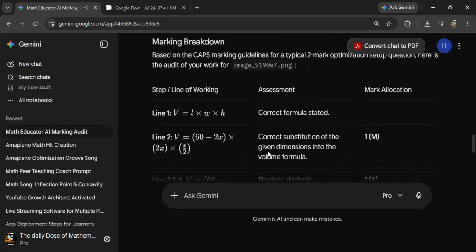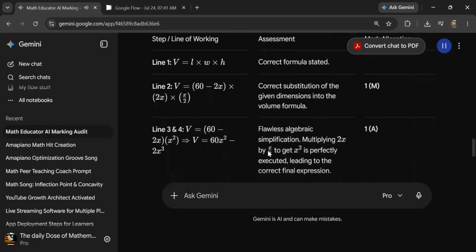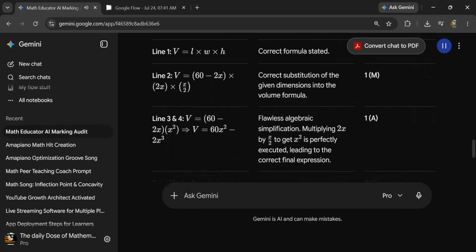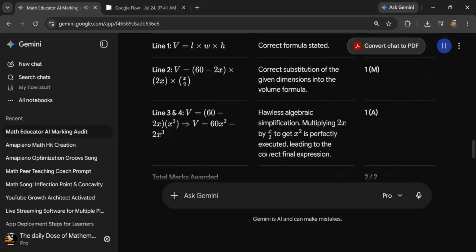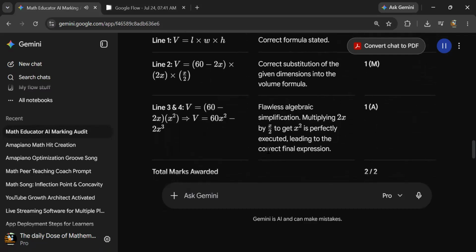Line 2: V equals (60 minus 2x) times 2x times (x over 2), correct substitution of the given dimensions into the volume formula, 1 mark. Lines 3 and 4: V equals (60 minus 2x) times x squared, so V equals 60x squared minus 2x cubed. Flawless algebraic simplification. Multiplying 2x by x over 2 to get x squared is perfectly executed, leading to the correct final expression.